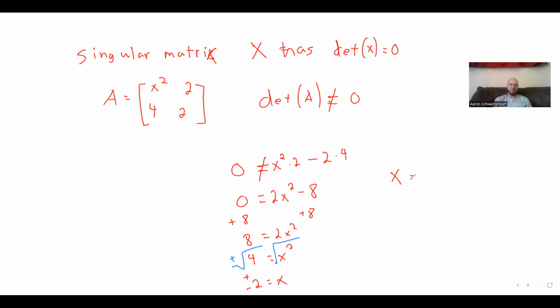So I don't know anything about the value of X, except it is not equal to 2 or -2. Yes, you can write it like this as well. That is fine for this.